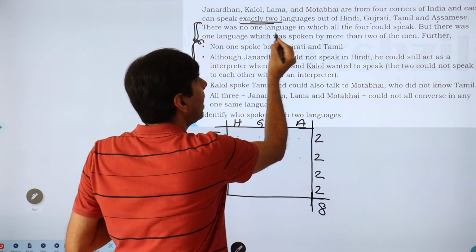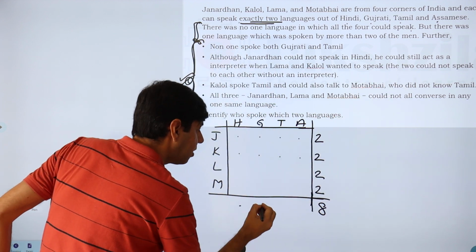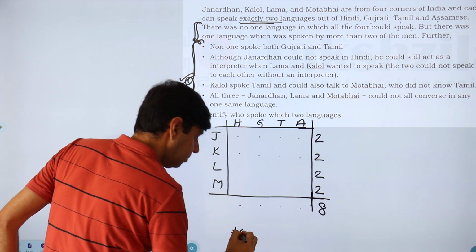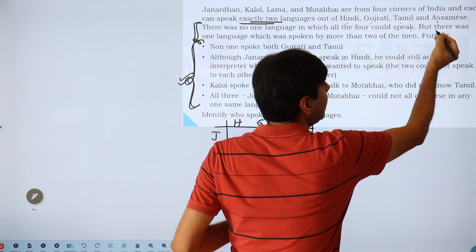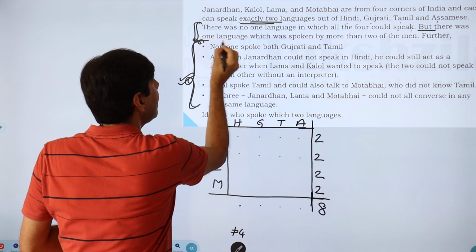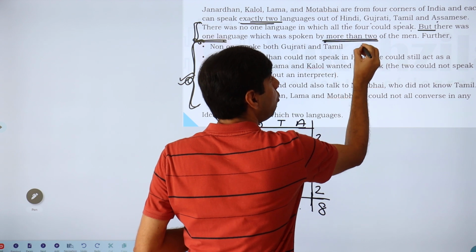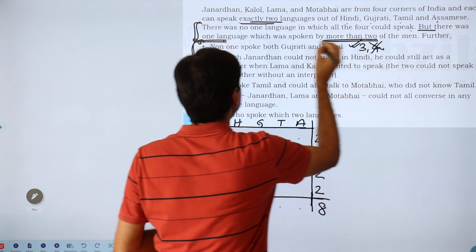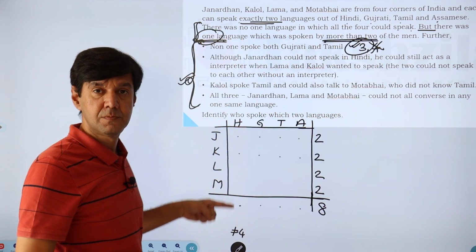There was no one language in which all the 4 could speak. So none of the column totals can be 4. 4 means all ticks, they can't be there. But there was one language which was spoken by more than 2. More than 2 could be 3 or 4, but 4 is ruled out.